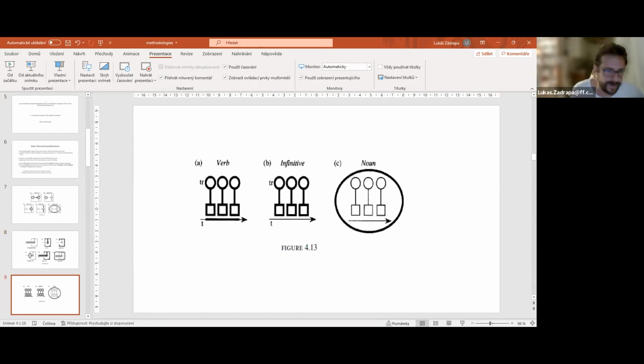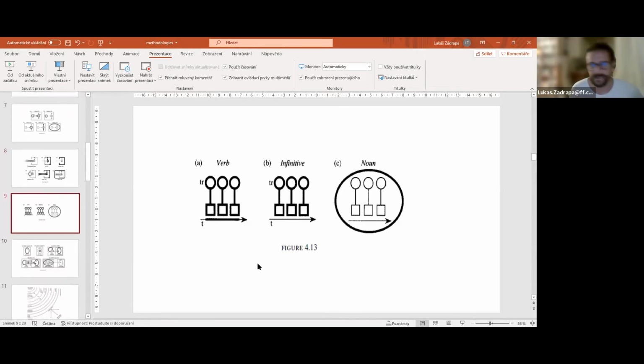And here, this is not still the last picture. These are the basic conceptual features of verbs, infinitives, and nouns as Langacker sees them. For the verb, two things are in a relationship, a relation between them which evolves in time, and everything is in the spotlight, including the time and the evolution of it.